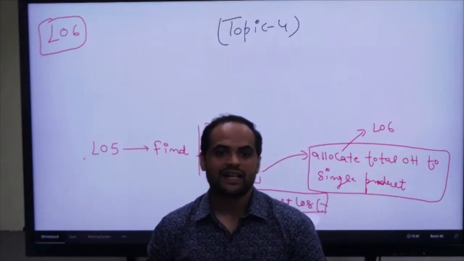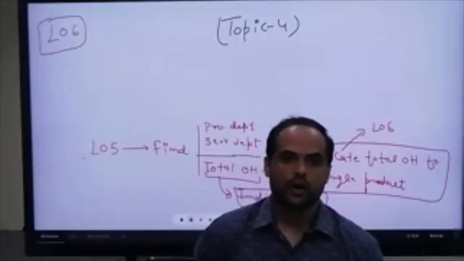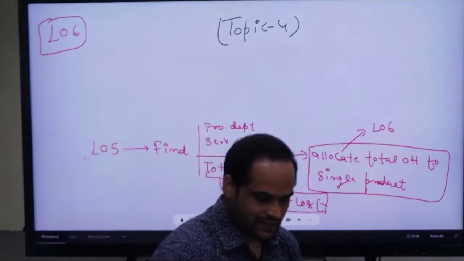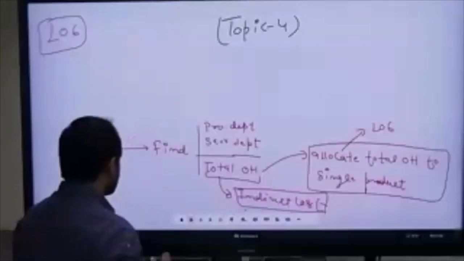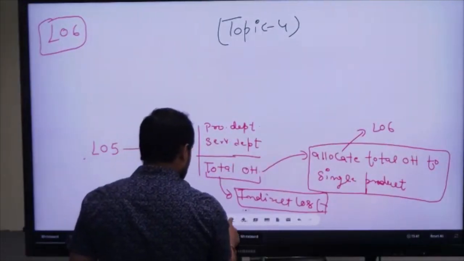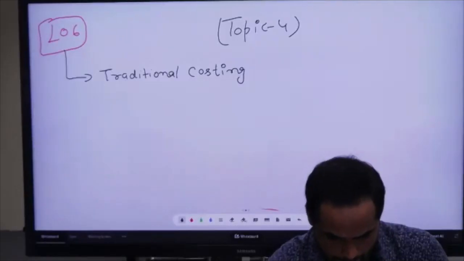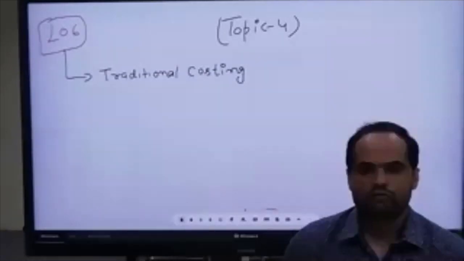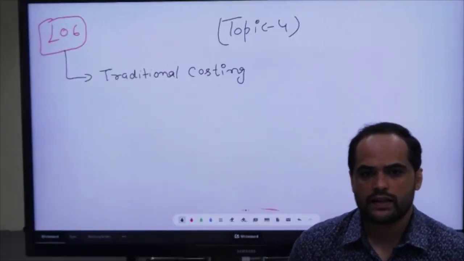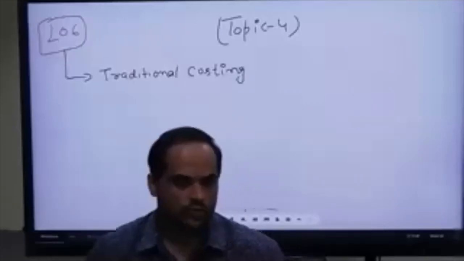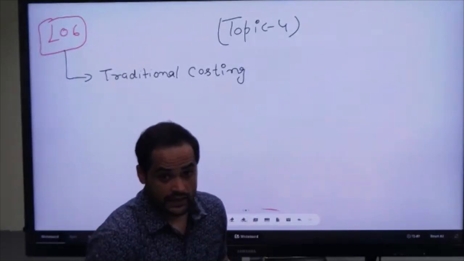So this is the idea for your learning outcome 6. So let's start with learning outcome 6. We start with the traditional costing method.